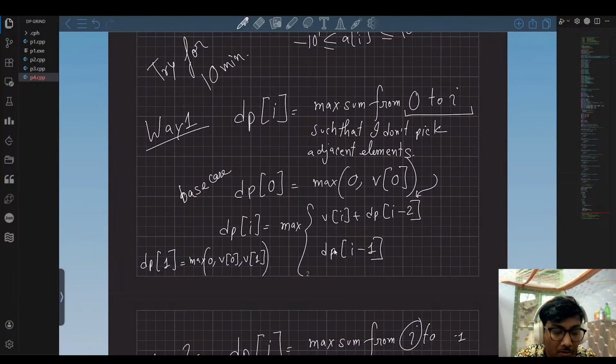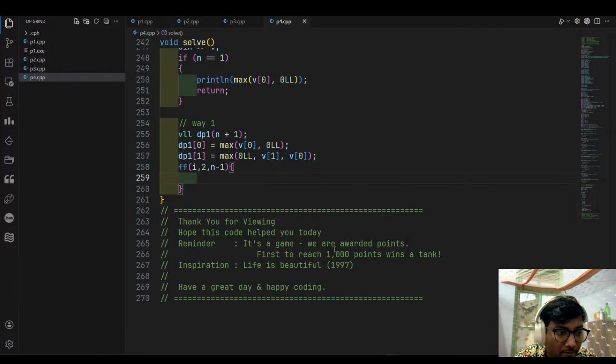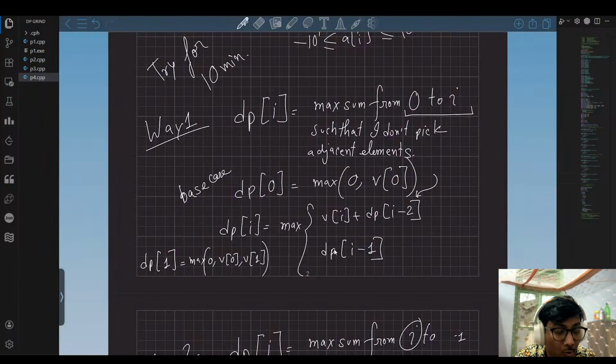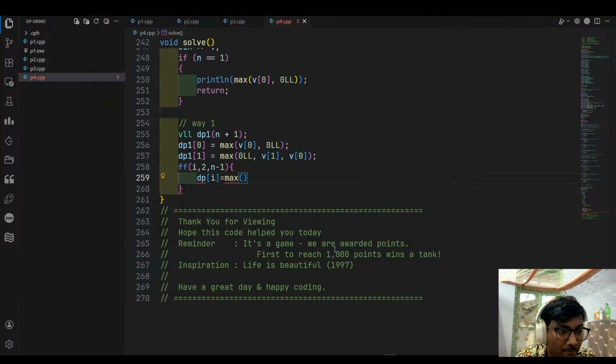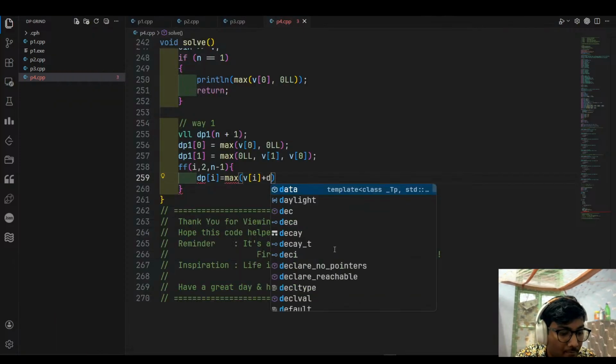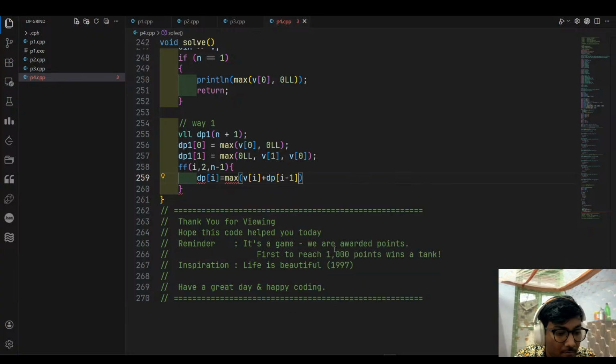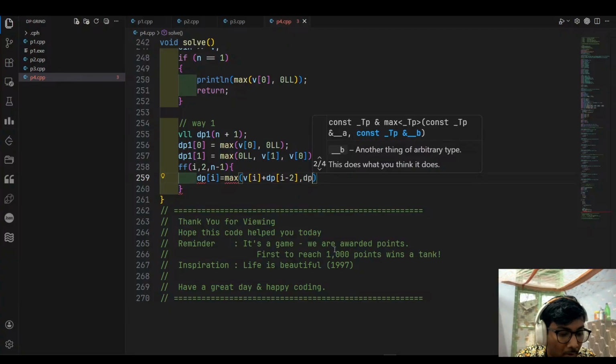I just write down the equations. So dp of i equal to max of v of i plus dp of i minus 2, and dp of i minus 1.